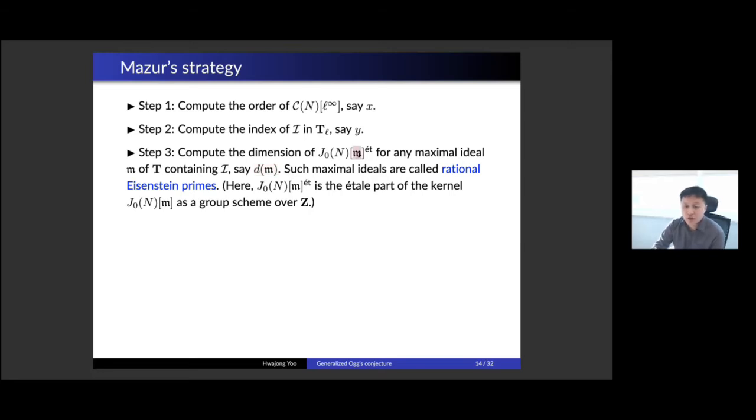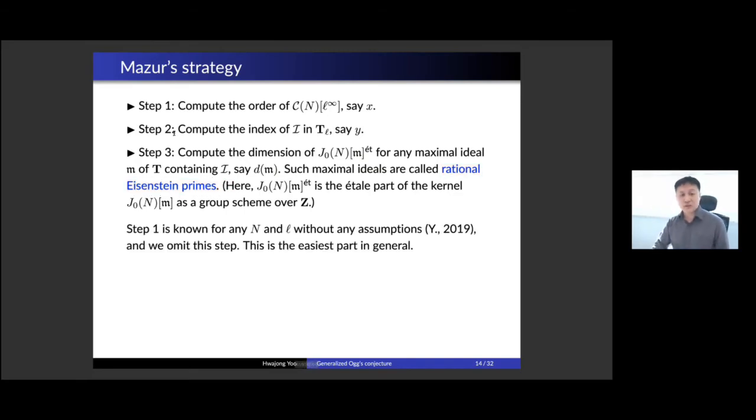The maximal ideal containing this Eisenstein ideal is usually called an Eisenstein prime in Kenstock, because he assumed that N is squarefree. But when N is no longer squarefree, there might be another Eisenstein prime not containing this minimal one. We call this special type of Eisenstein prime a rational Eisenstein prime, because it is related to the rational points.